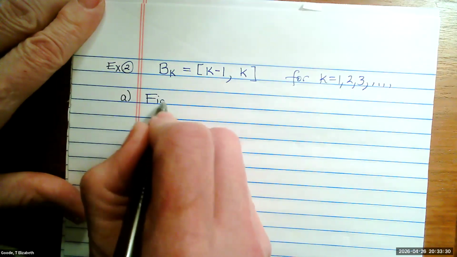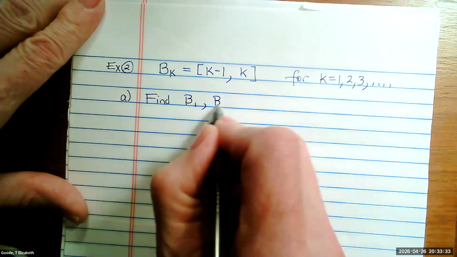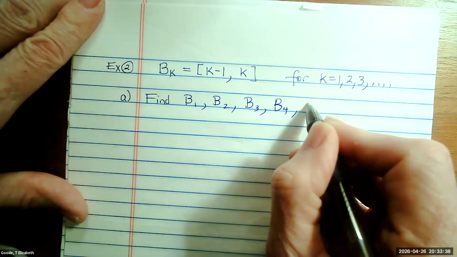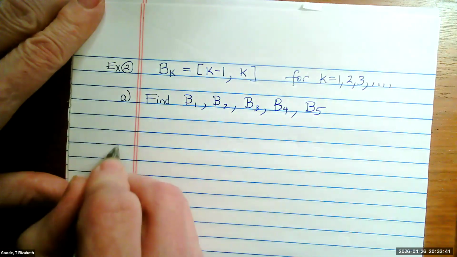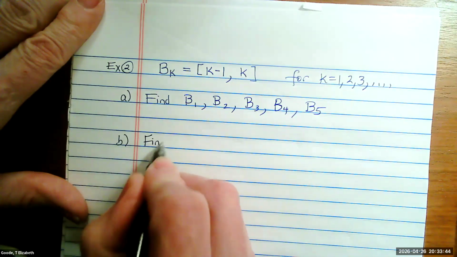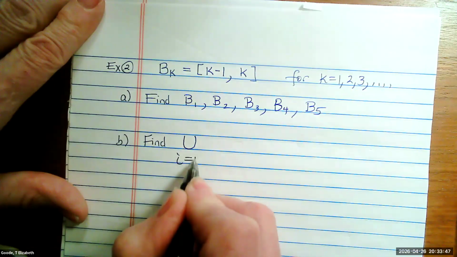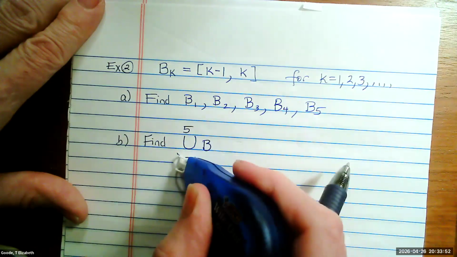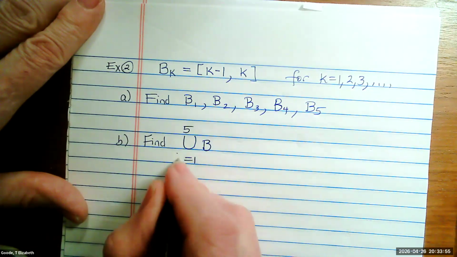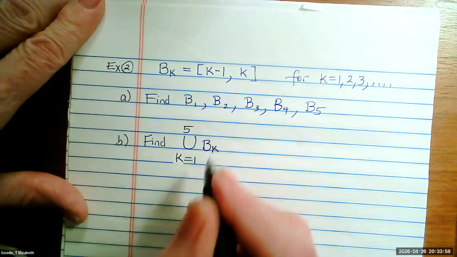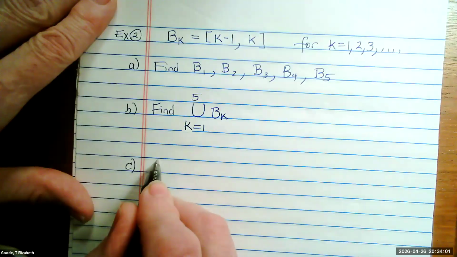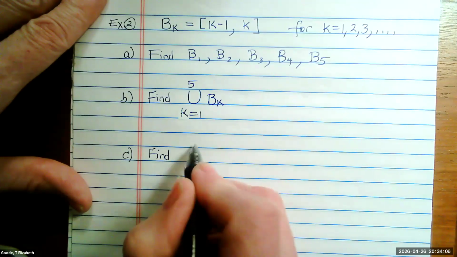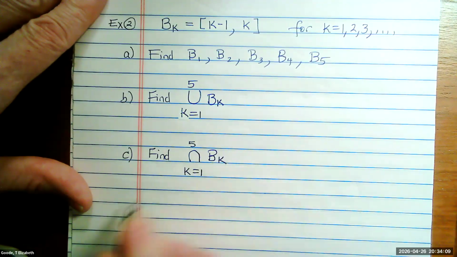A. Find B1, B2, B3, B4, and B5. B. Find the union from k equals 1 to 5 of the B sub k. C. Find the intersection from k equals 1 to 5 of the B sub k.